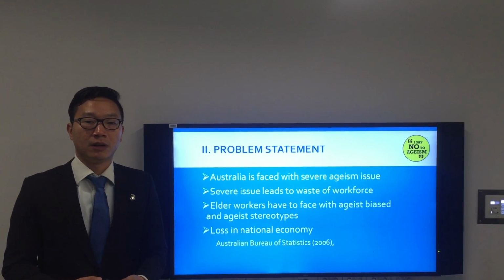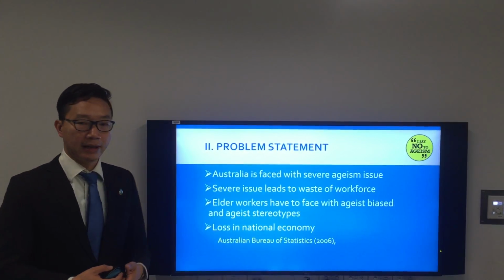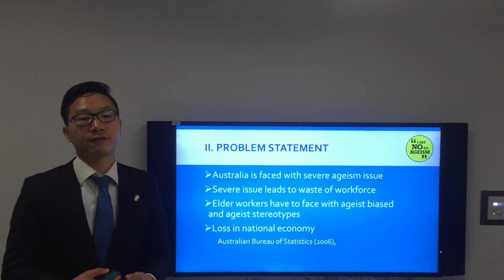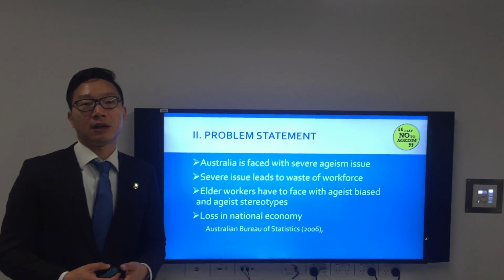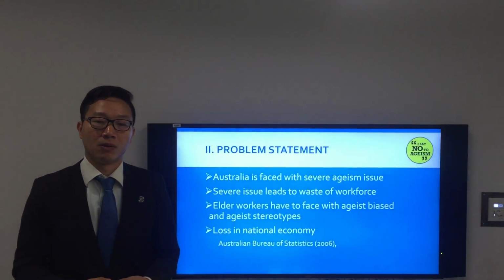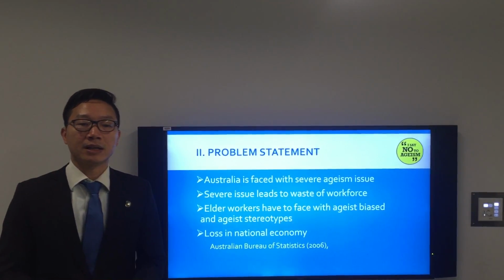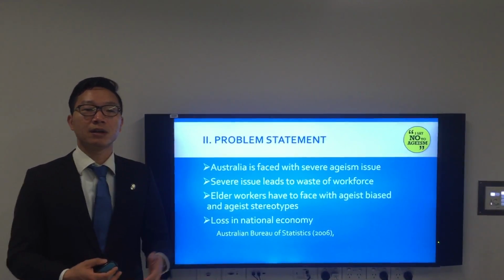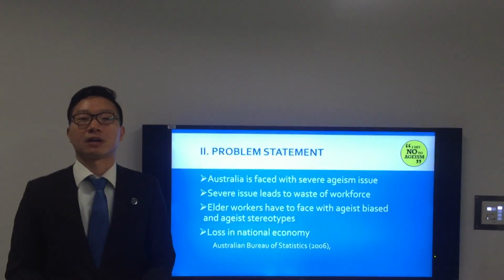According to the Australian Bureau of Statistics in 2006, more than 35% of old people over 55 years old stopped seeking jobs because they thought that employers considered them too old to work.